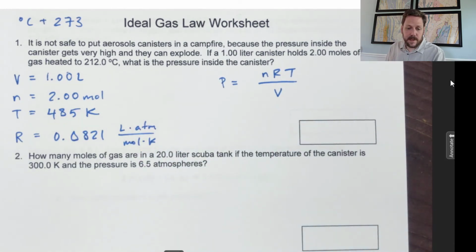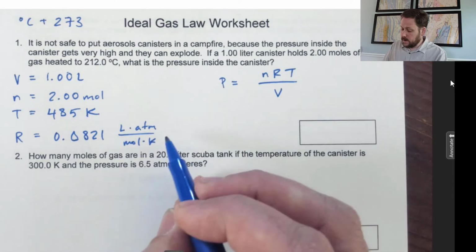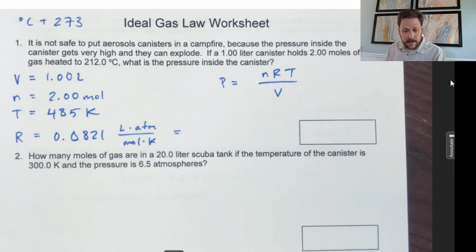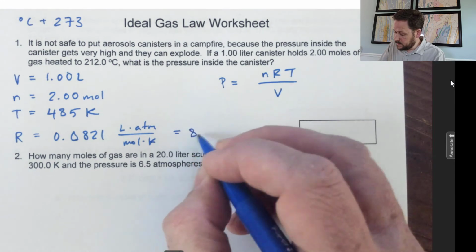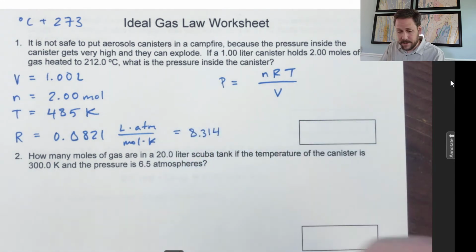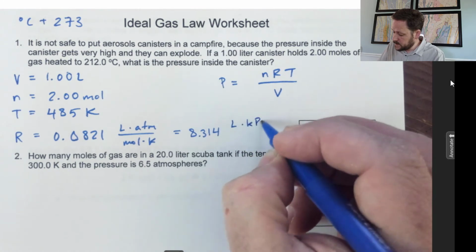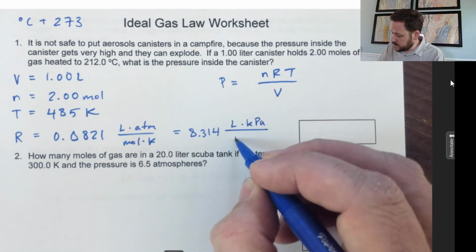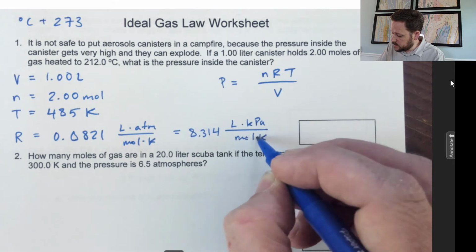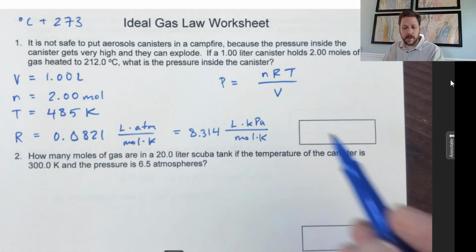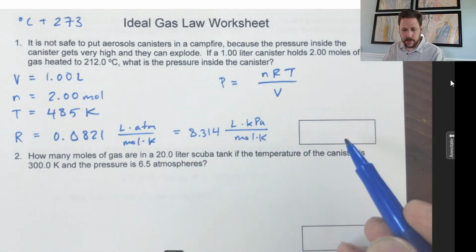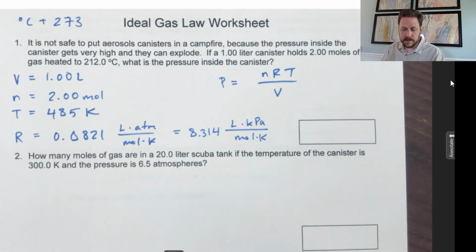If instead I had used the R value which is in liter kilopascal per mole Kelvin, which is 8.314, then I'd get a different answer numerically, but of course my answer will be in kilopascal. So in a case where you're solving for pressure, you can actually use whatever pressure units you want, and we should get the same answer in either case.